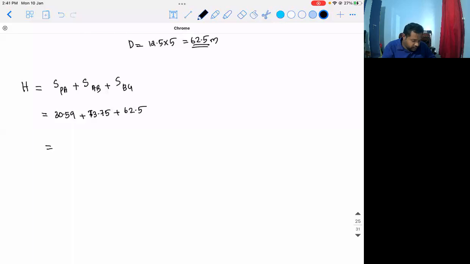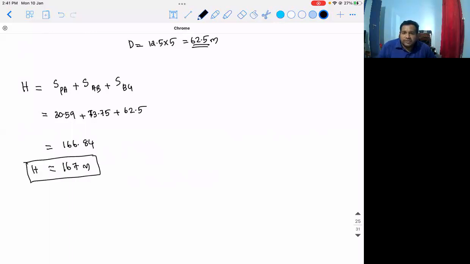So you add all the stuff: 30.59, 73.75, 62.5. So you will get 166.84. If you're writing to the nearest meter, 167 meter. So the H value for this is 167. Altogether, we traveled 167 meter. That is the answer for this question.